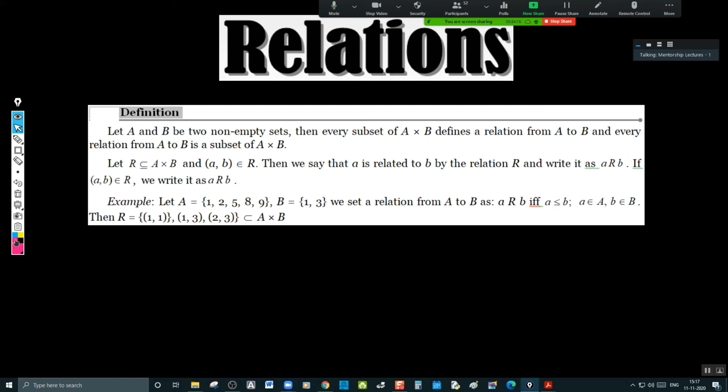Everyone, please see this carefully. Then every subset of A cross B defines a relation from A to B, and every relation from A to B is a subset of A cross B. Do you understand what he's saying? A cross B defines a relation from A to B.